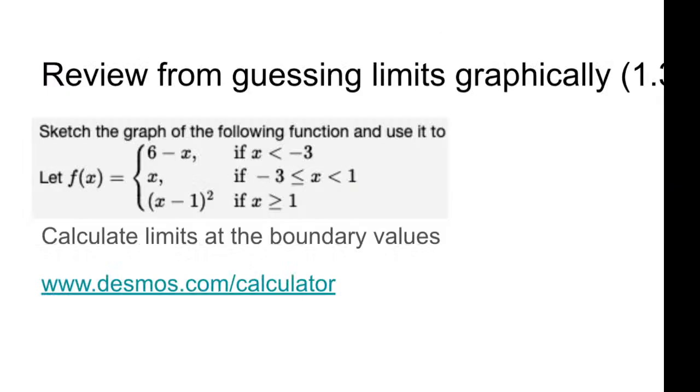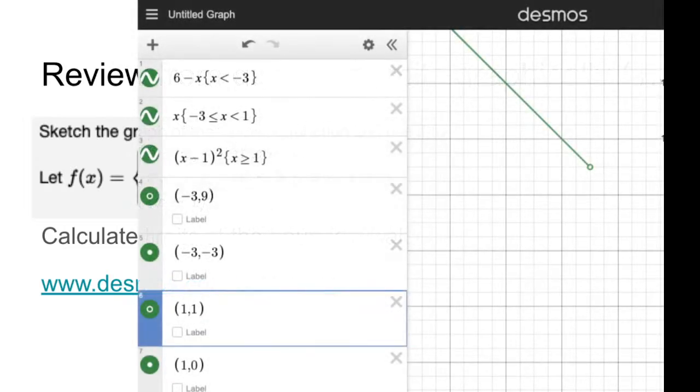Going back to the slide from Monday, this is a piecewise function, and we wanted to calculate the limits at the boundaries. We went through using Desmos to graph it. To save us a little bit of time, I'm not going to go through that again. I'm just going to pull up the graph from Desmos and, this time I can draw on it, speak about how we think about limits.